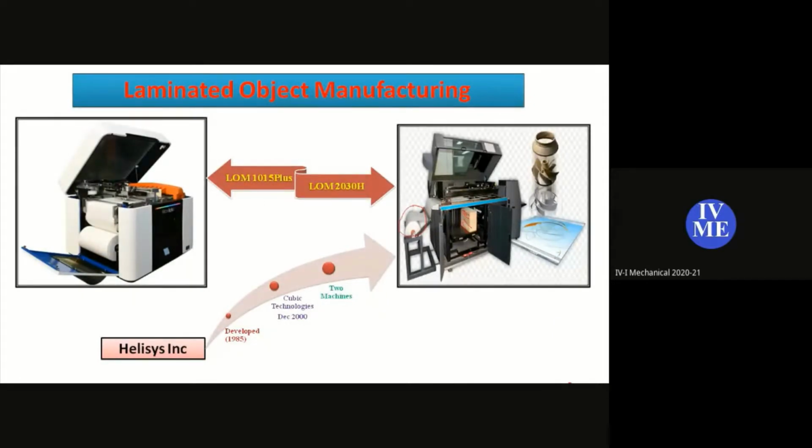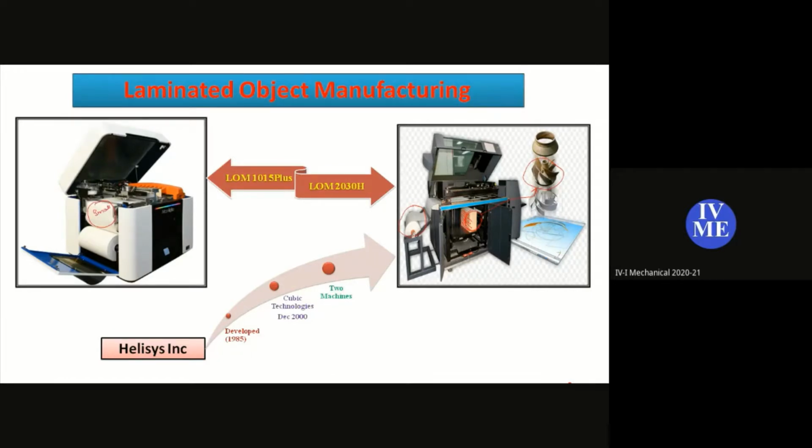Laid one by one, and then manufacturing a prototype. This is a prototype from this machine, made by laminating all these sheets. By laminating all these sheets we come up with a prototype.